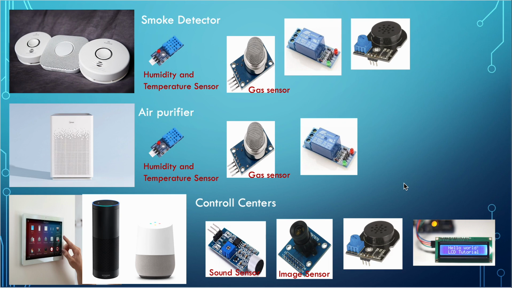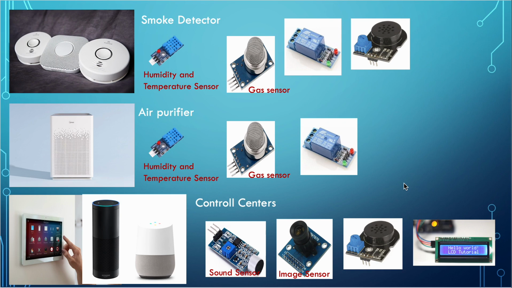Then it would have gas sensors to detect what kind of atmospheric gases there are, and to understand whether the gases are poisonous, or gases that are normally emitted from fire situations or electricity fires, things like that.